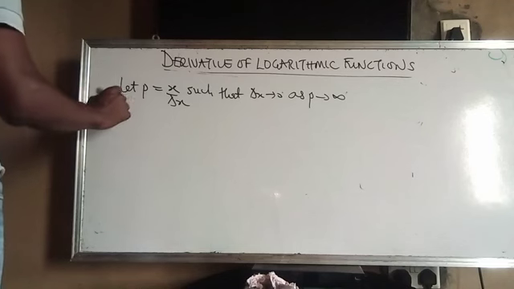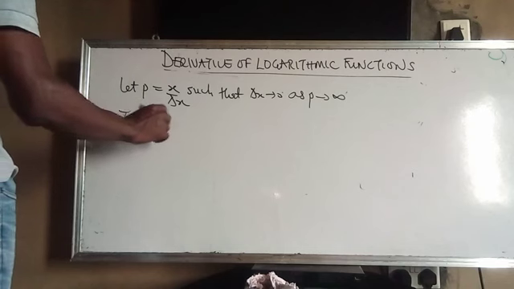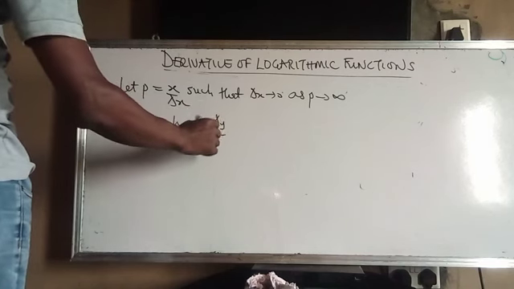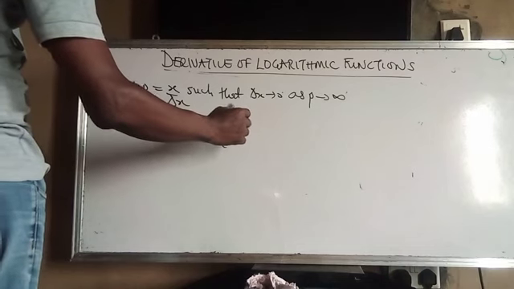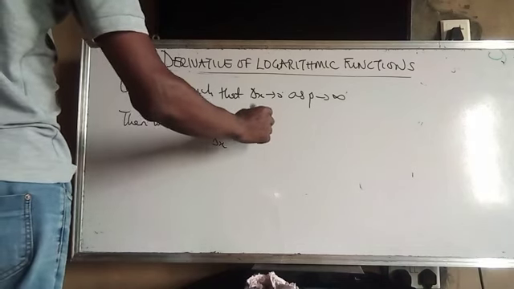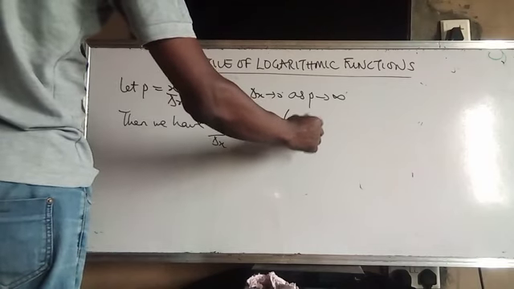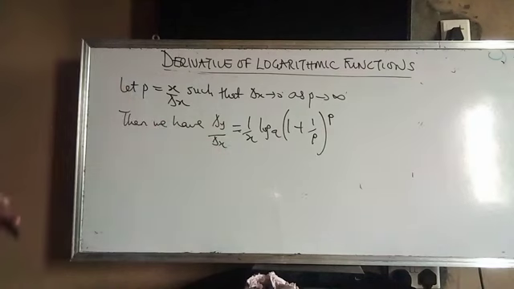Then we have change in y over change in x is equal to 1 all over x times log base a of 1 plus 1 all over p, raised to power p.